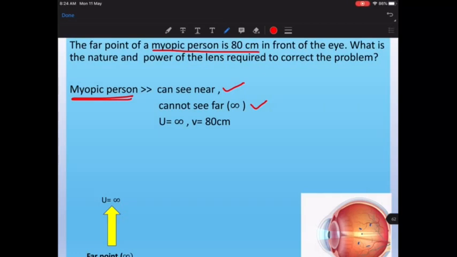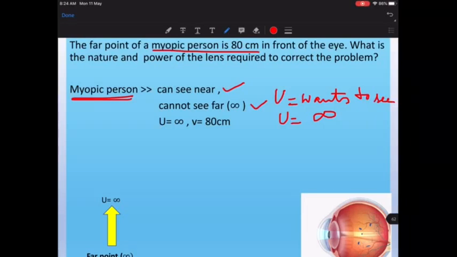Now I'll tell you why, for the others who have not understood. In these types of questions, whatever the eye wants to see, you should keep as U. The eye wants to see infinity distance, so your U will be infinity.